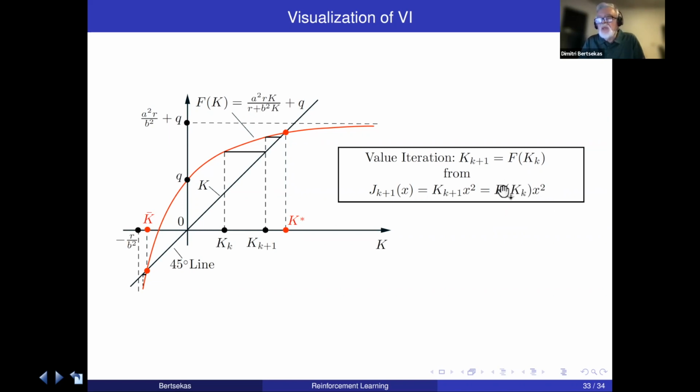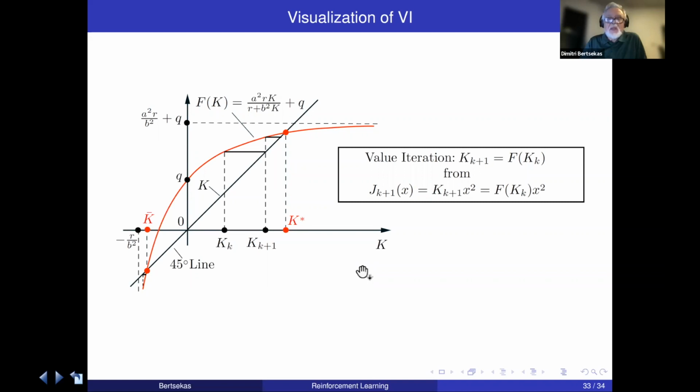So it has this form here, where Kk plus 1 is the cost coefficient of Jk plus 1. Kk is the cost coefficient of Jk. And now if you cancel x squared on both sides, you obtain value iteration as a Riccati equation operation. Start from some K0, obtain K1, K2, K3, and so on, each time using the Riccati function F.